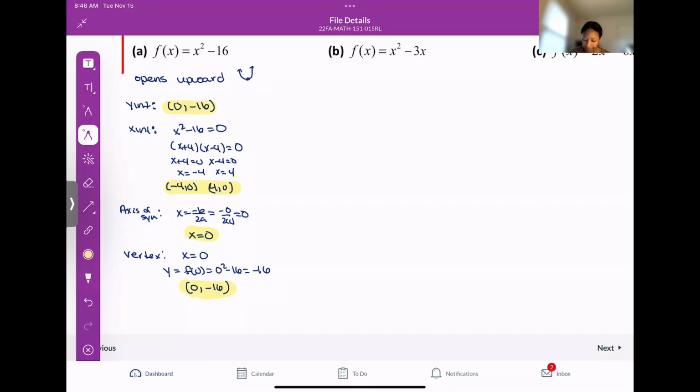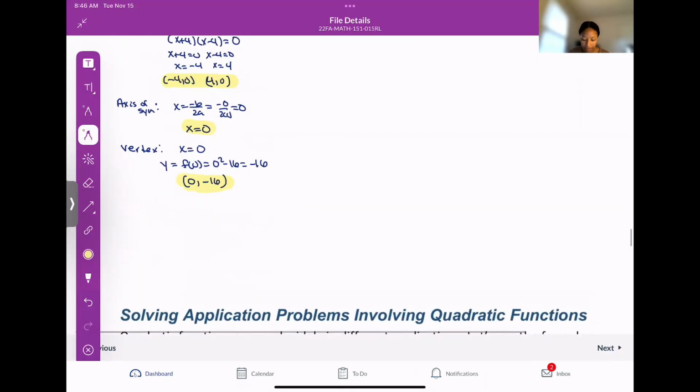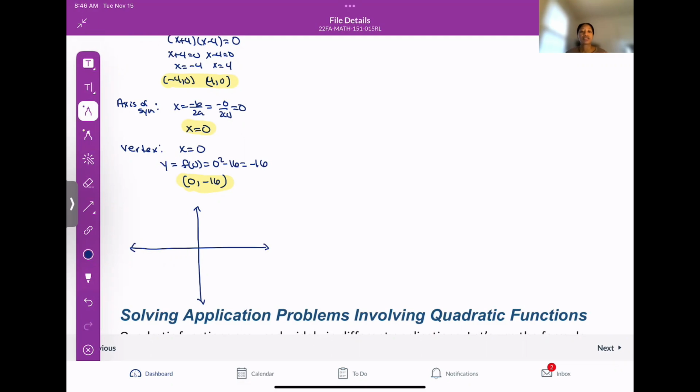Okay. Let's put all of this stuff together and try to sketch. All right, when you're trying to sketch a quadratic function, you want to start off by plotting your x-intercepts, y-intercept, and vertex, and then use whether or not your parabola opens upward or downward to connect the dots and sketch your parabola.